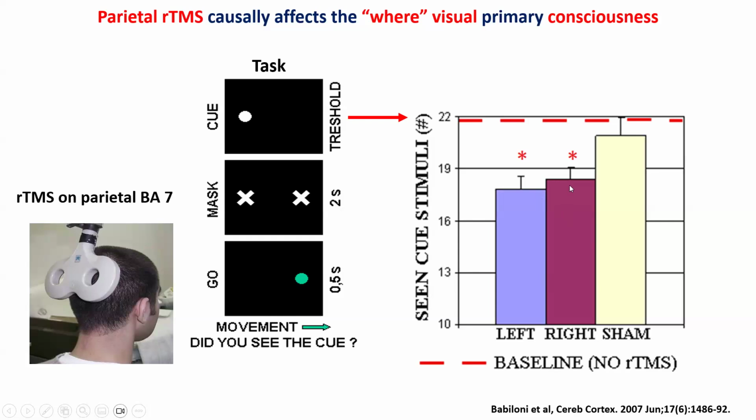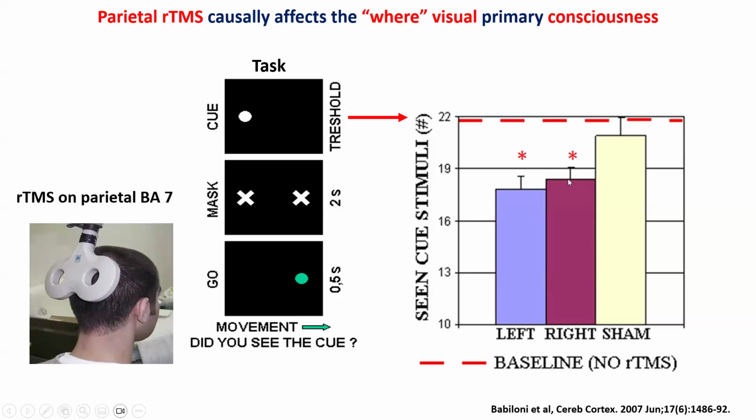When you see the violet and blue, you see the results of the effective transcranial magnetic stimulation to interfere with the right parietal area, Brodmann area 7, and the left parietal area, Brodmann area 7, in the left hemisphere.